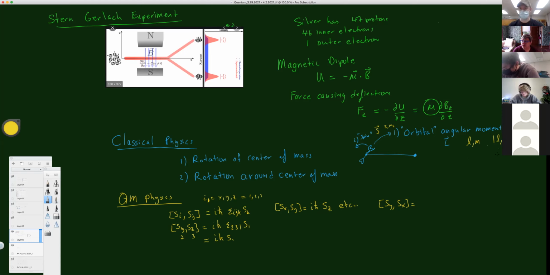So this ket here is short for the eigenfunction of L squared and L_z. Very messy, I'm sorry about that.